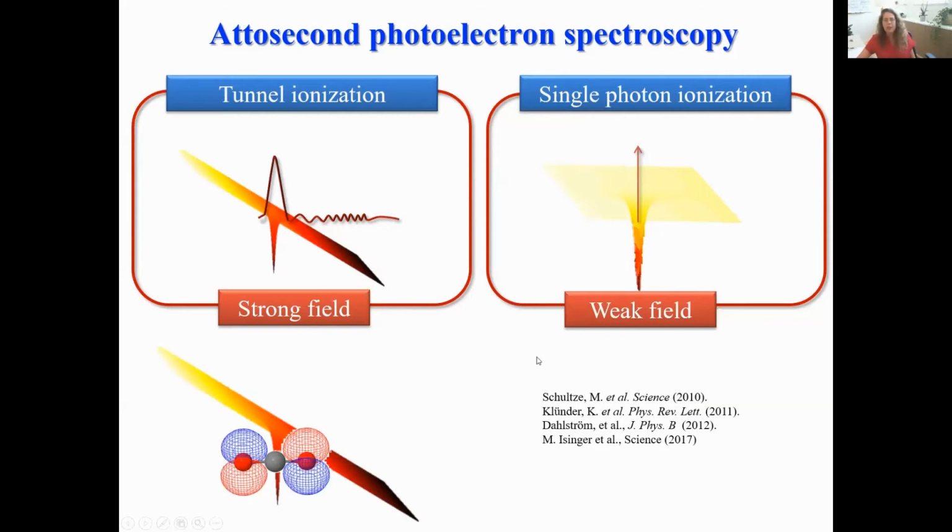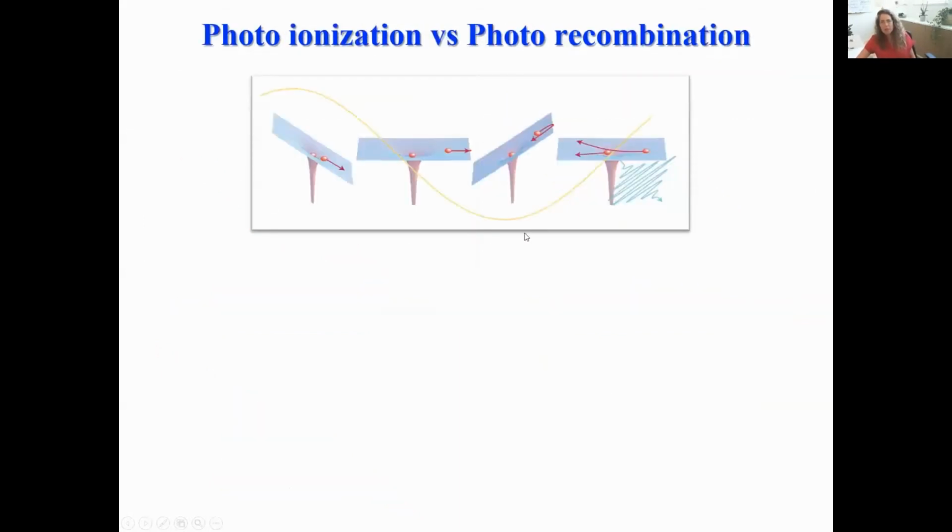However, if we look again at this very basic recollision mechanism, we understand, as many other people in the community understood, that photoionization is already there. It's there at the moment at which the electron returns to the parent ion and emits a single photon.